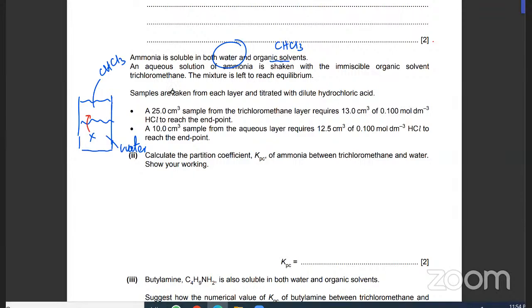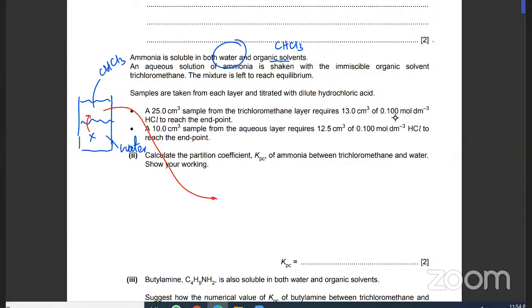The sample is taken from each layer and titrated with dilute hydrochloric acid. Now a 25 cm³ sample from the trichloromethane layer. Remember, it's got some ammonia mixed in it, so it's titrated with HCl.